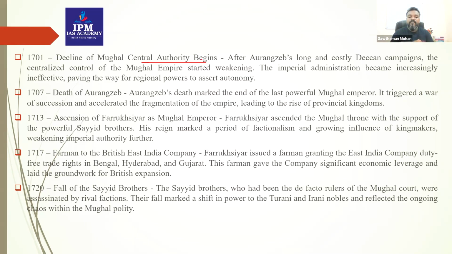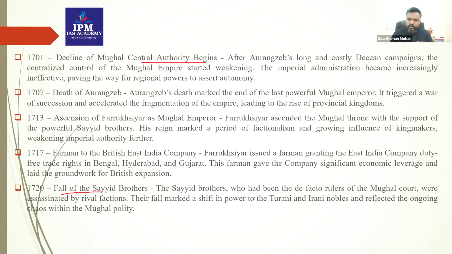Then in 1720, the fall of the Said brothers. The Said brothers, we already discussed, were the kingmakers who supported Farrukhsiyar. So the fall of the Said brothers is another important event. The Said brothers, who had been the de facto rulers of the Mughal court, were assassinated by rival factions. Their fall marked a shift in power to the Turani and Irani nobles and reflected the ongoing chaos within the Mughal polity.